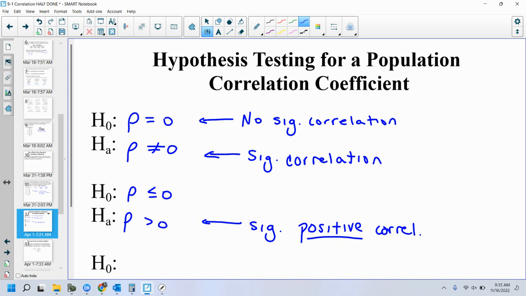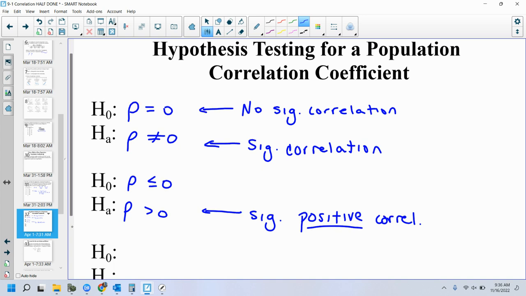And again, the goal is to try to reject your null hypothesis. A successful outcome for your hypothesis testing is to reject the null. So if I can reject the statement that rho is less than or equal to zero, we can basically accept to be true that rho is greater than zero, so it's a significant positive correlation. It's something bigger than zero.